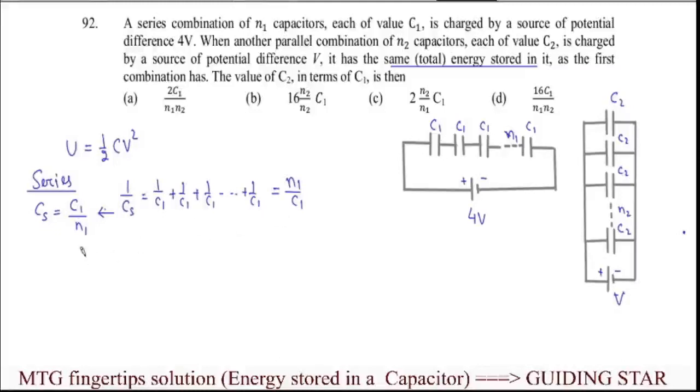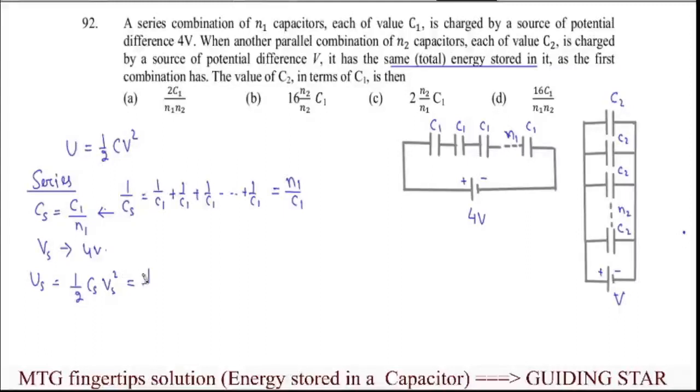So if this is the series combination of N1 capacitors and the potential difference is 4 volt, then the energy in the series combination will be half CS into Vs square.